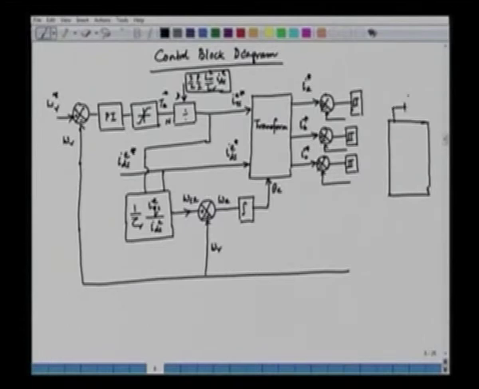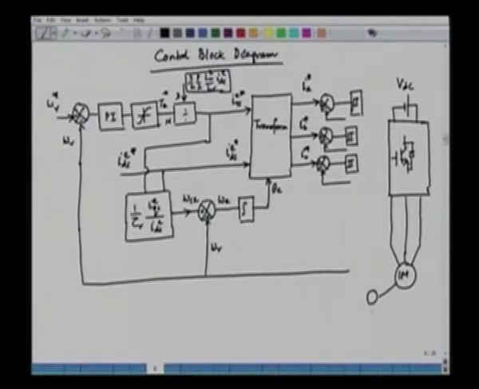We have a DC input of the inverter, and this is an inverter, maybe having IGBTs or MOSFET, and then we have the induction motor here. The inverter will have the three-phase output, and outputs are fed to the induction motor.